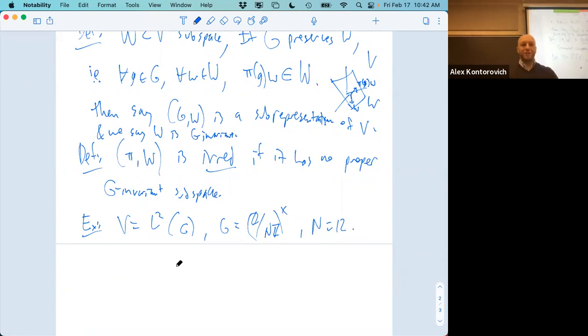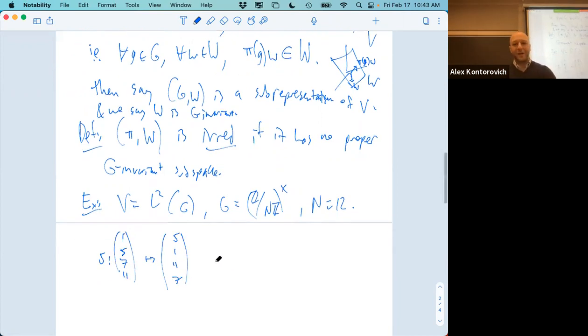Multiplication by G is permuting all of the elements, depending on which element you use, like 1, 5, 7, 11. Under 5: 5 times 5 is 25, which is 1; 7 goes to 35, which is 11, and that's a permutation, so it acts on the functions as well, and we get a different permutation.